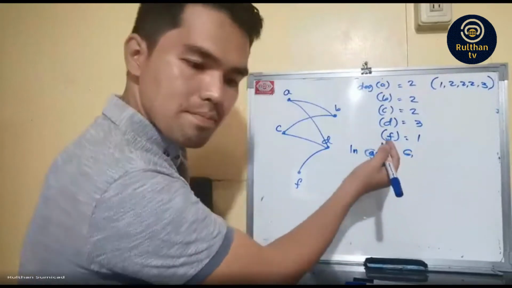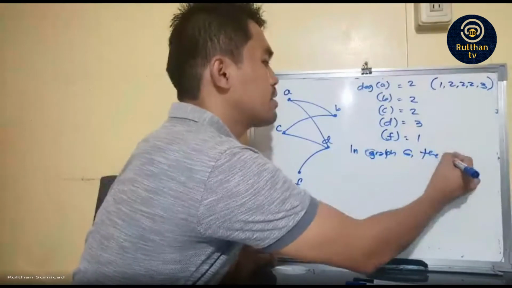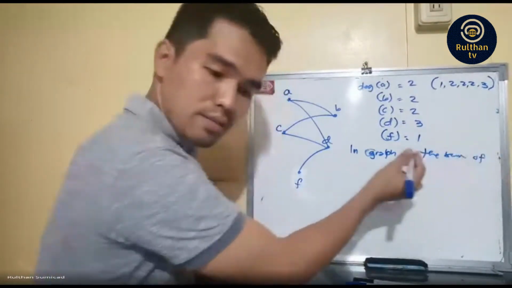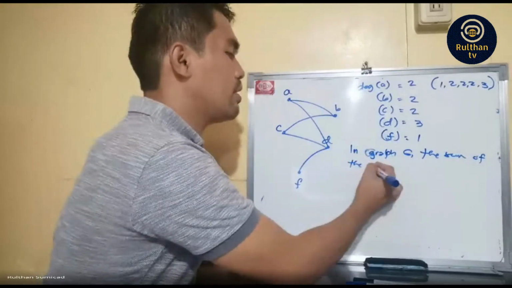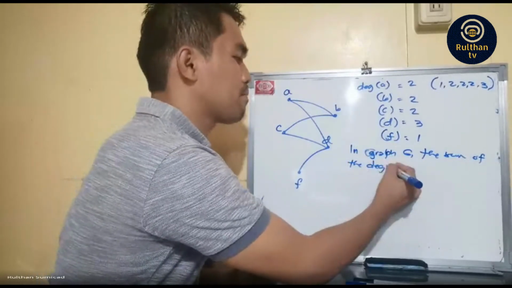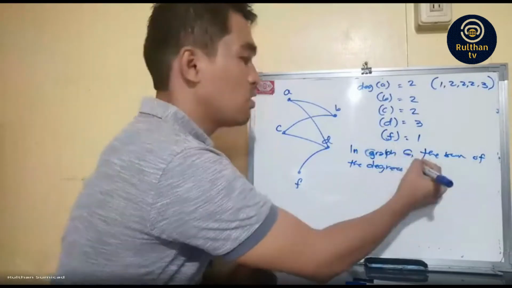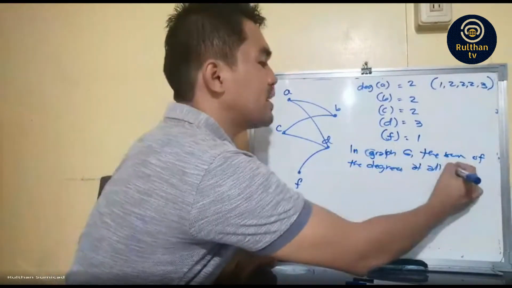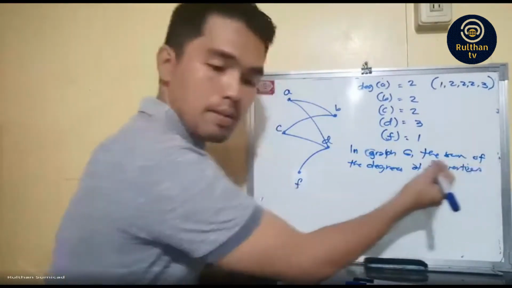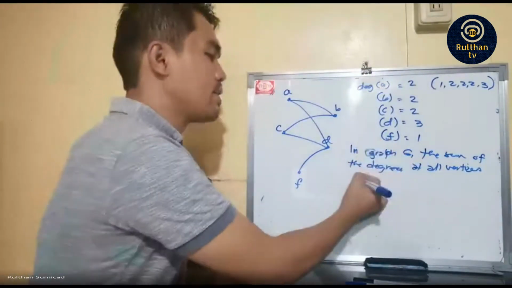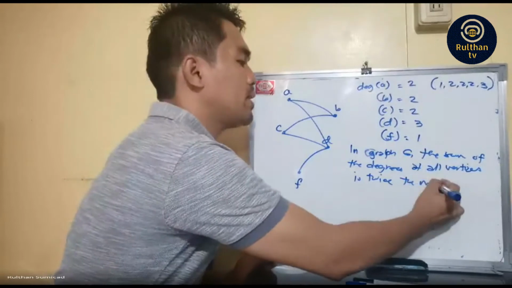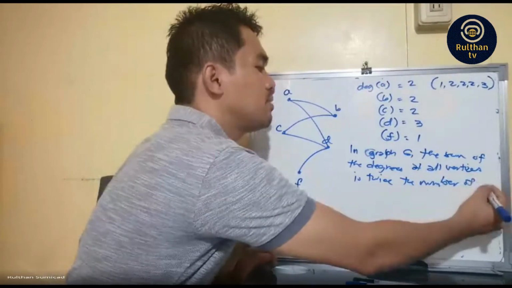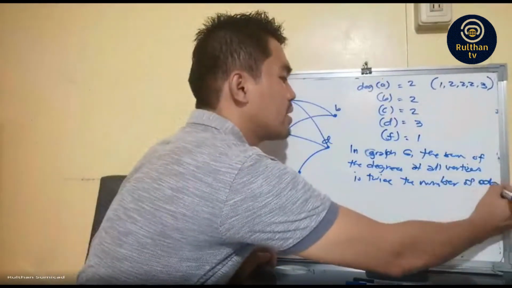According to the theorem, in graph G, the sum of the degrees of all vertices is twice the number of edges.